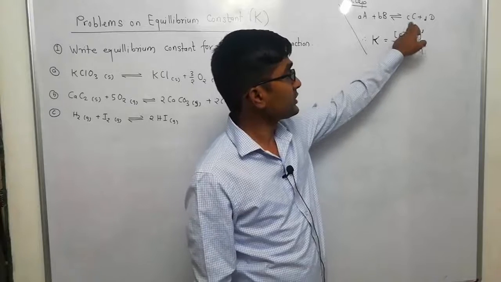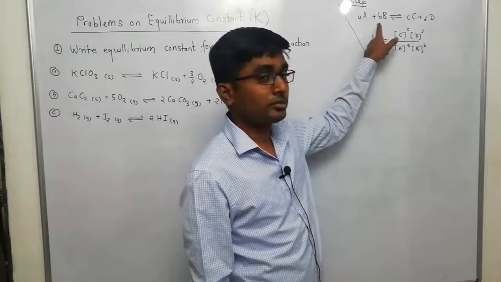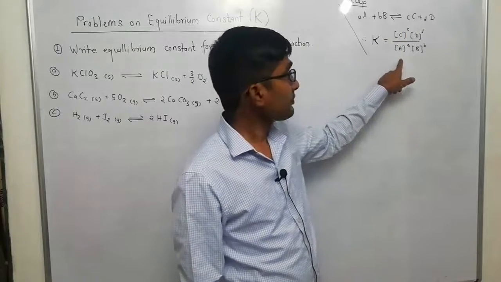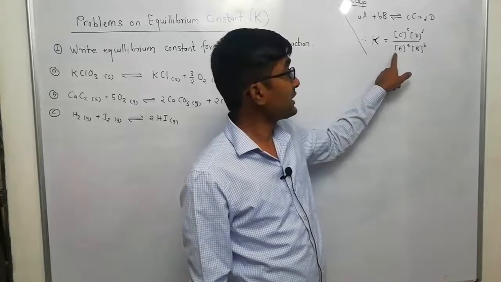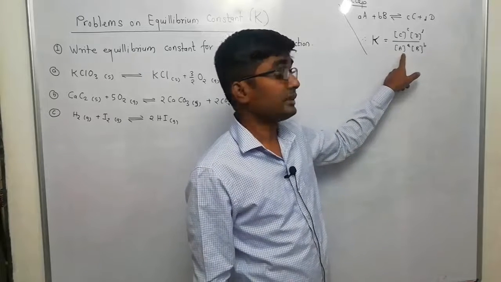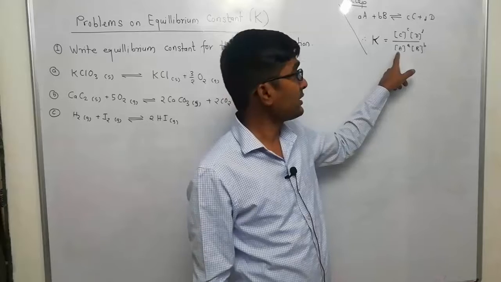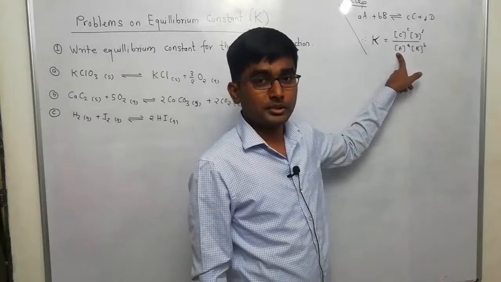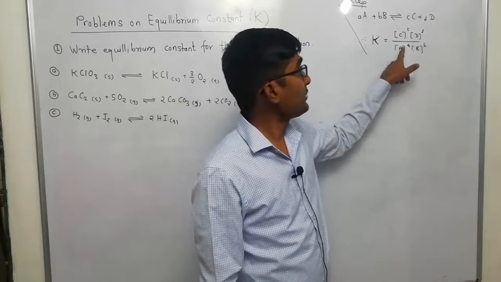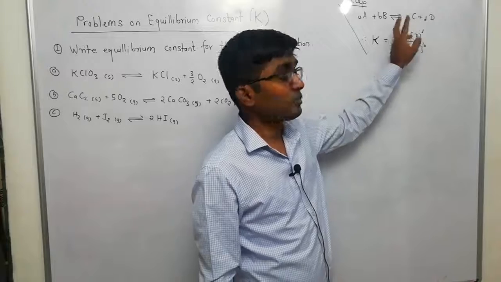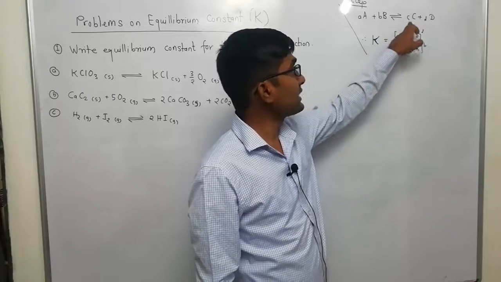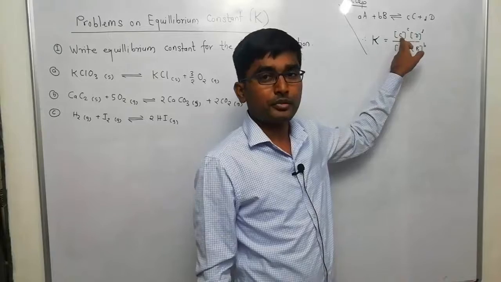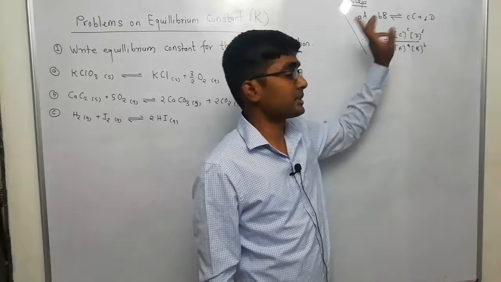C and D are the concentrations of the products, A and B of the reactants. This square bracket term is taken for a reactant or product in its solid or liquid state. What if the reactants or products, either or both, are in the gaseous state? In this case we take the pressure term, the vapor pressure of that constituent.